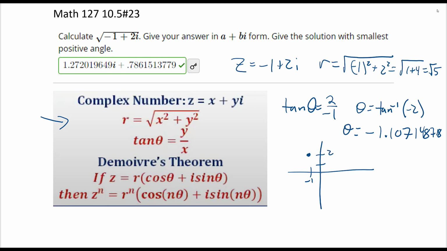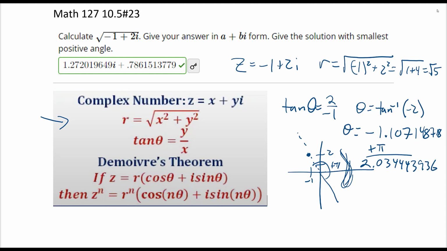Now, what I want to point out is if I had graphed -1, +2, it's going to be here. But the arctangent returns things in these two quadrants. And in fact, the one we're dealing with is down here. And so if we're looking at something going up this way, that angle, we would just add pi to it. So if we add pi to that result, we have 2.034443936.